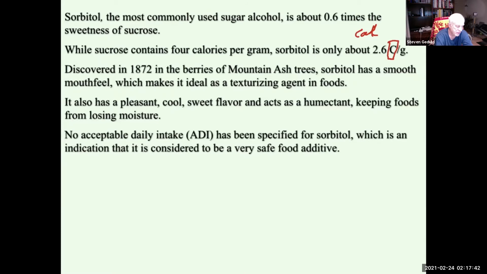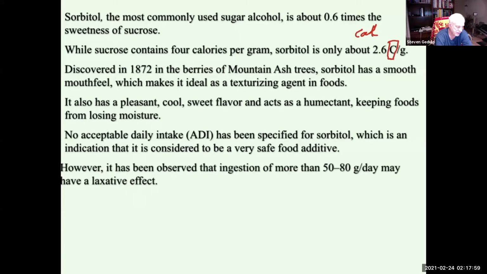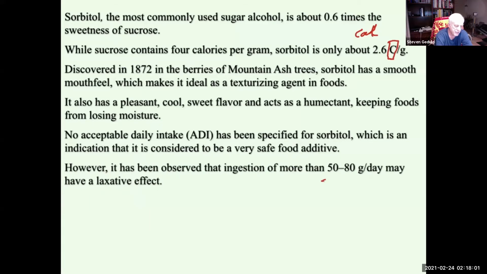No acceptable daily intake has been specified for sorbitol; it is considered to be a very safe food additive. There's no limit by the FDA on what you can take of it and still be safe. Ingestion of more than 50 to 80 grams a day may have a laxative effect.